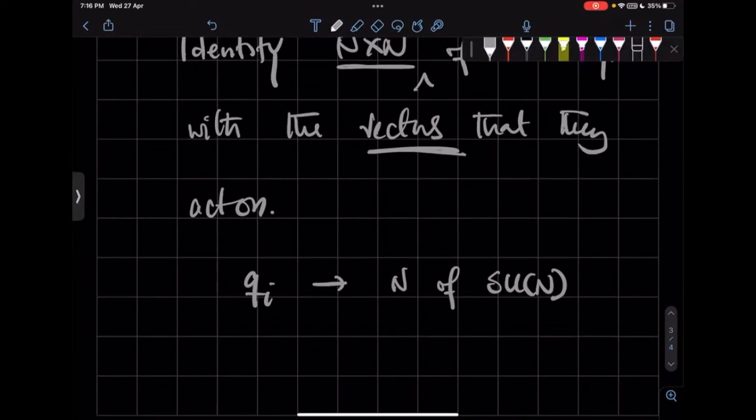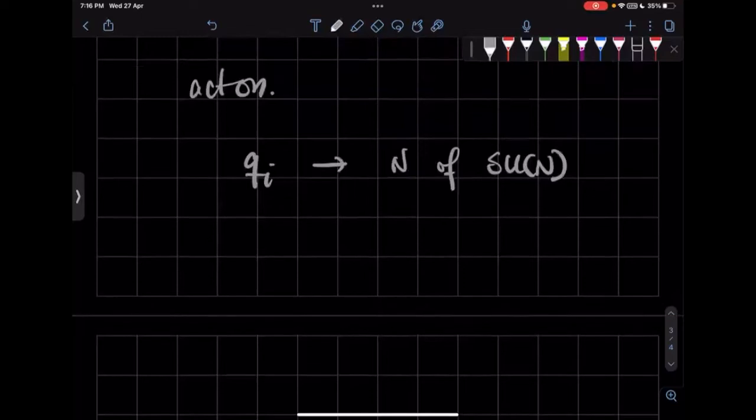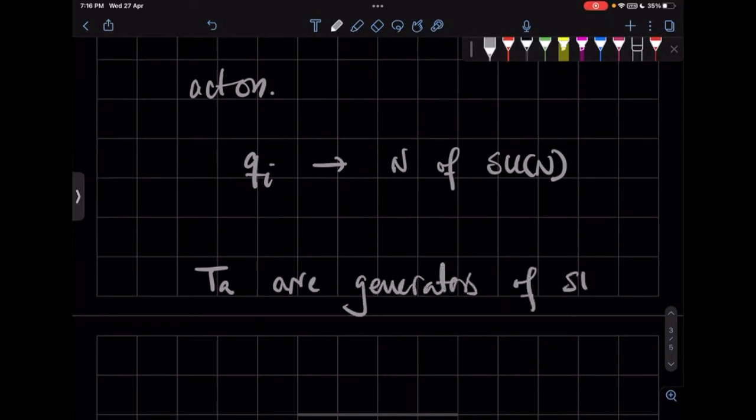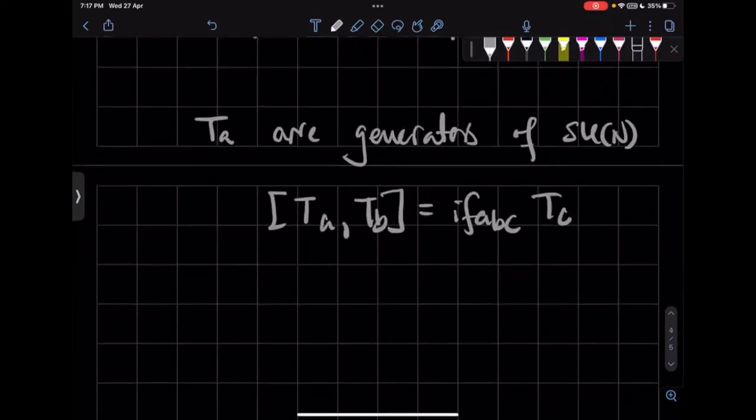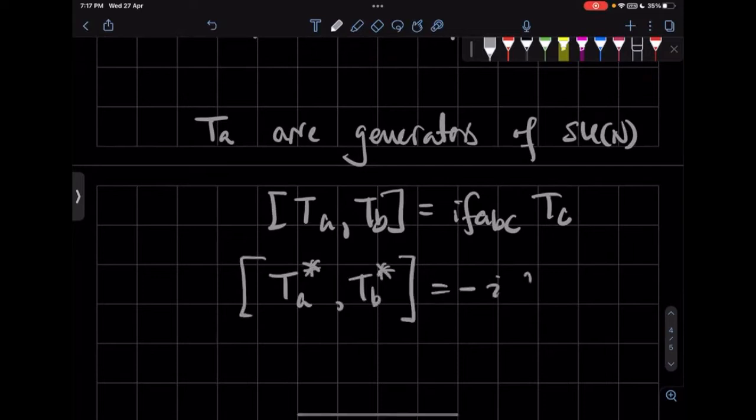Now, there's an interesting fact about SU matrices, and the idea is that if, say, TA are generators of SUN, which means that we have [TA, TB] = i f^{ABC} TC, then you can show that if you take the complex conjugation of this, then you have [TA*, TB*] = -i f^{ABC} TC*.